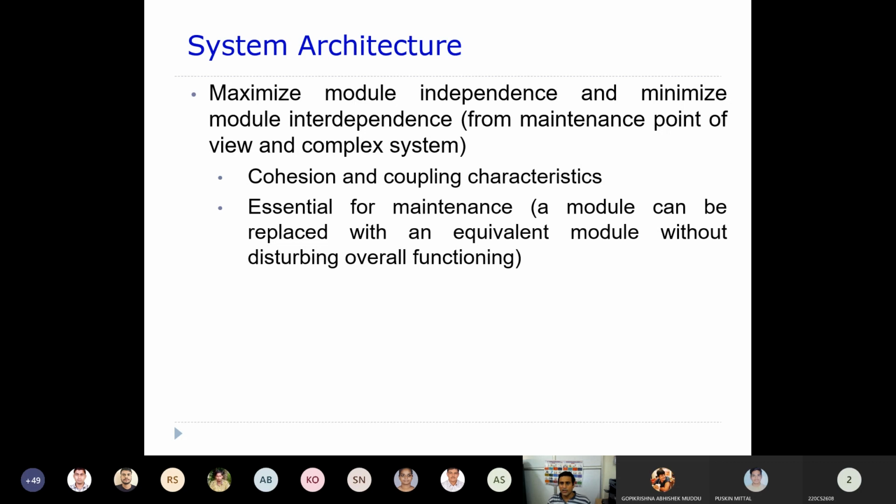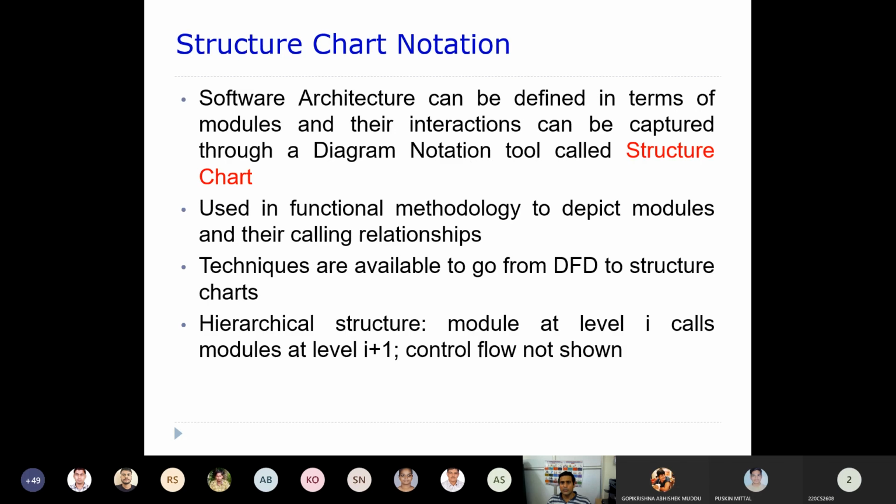So easily you can replace that particular module whenever you find any defect, and it is not going to affect the other modules. That is the reason you should always try to maximize module independence and minimize module interdependence.